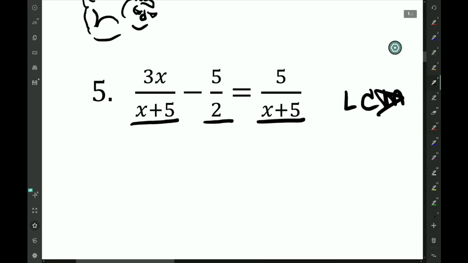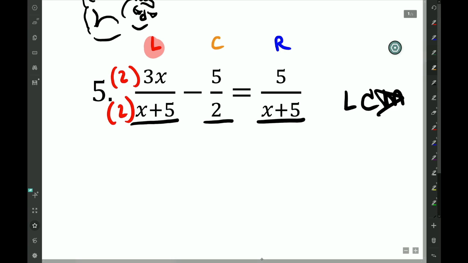Even if you were to ignore the right side for right now, think of it now, maybe left, right, and center. If you ever played that game, it's pretty fun, actually. Okay? The left fraction needs a 2. The middle fraction needs an x plus 5.